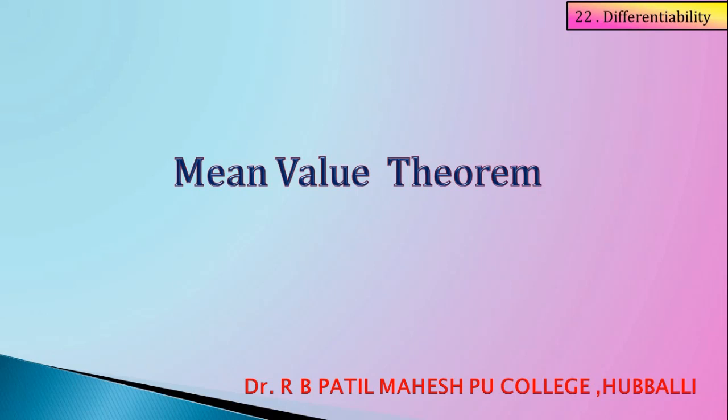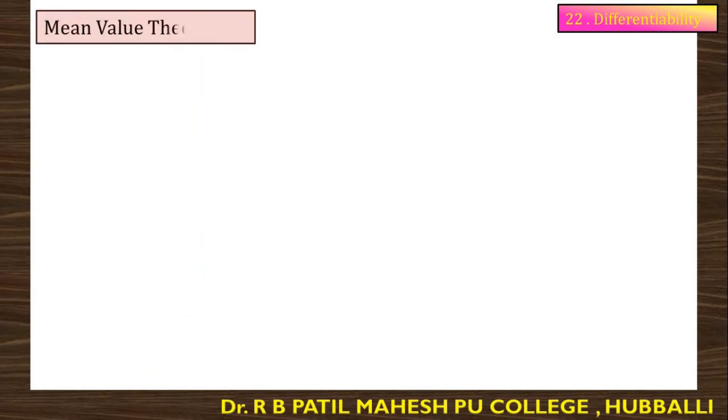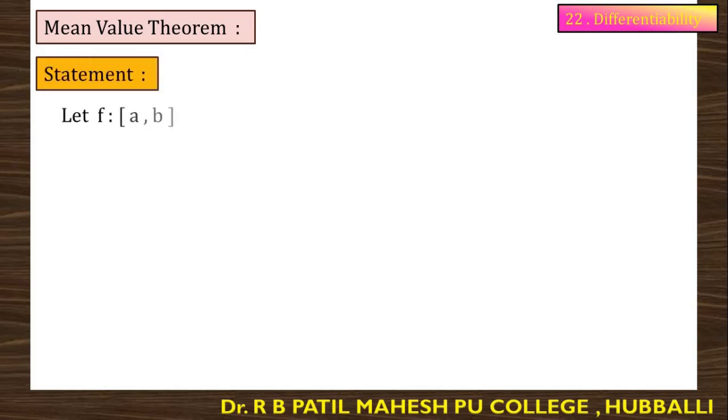Let me see what is the statement of this theorem. Mean value theorem states that let f from closed interval a comma b to R be a real valued function.